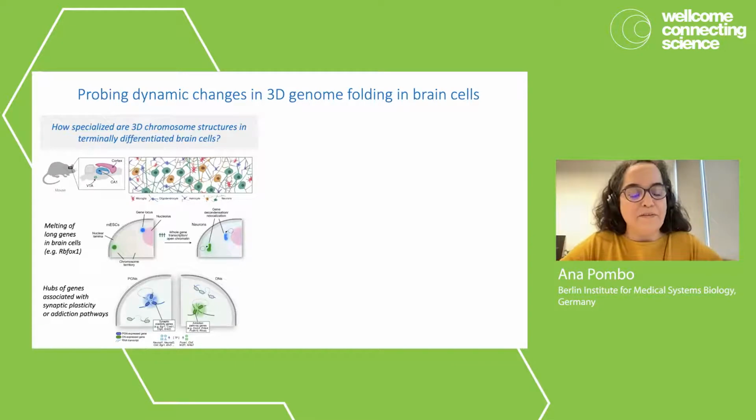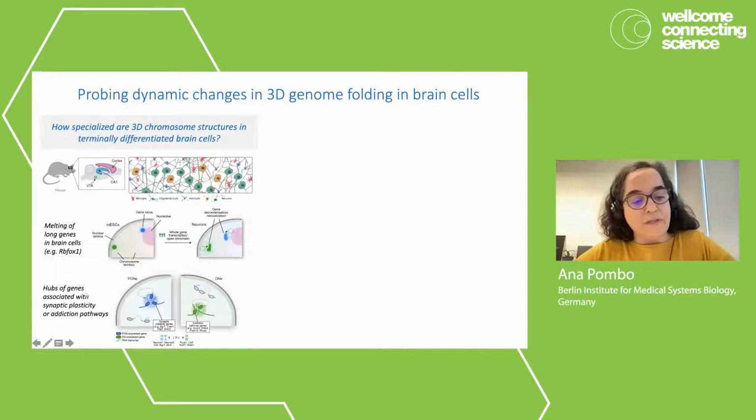Through the talk today, I will show two discoveries that we have made with the work we've been doing, comparing different brain cell types. One of them is the discovery that long genes extensively decondense in brain cells, in particular in neurons, where this decondensation is proportional or highly correlated with the gene activation or chromatin accessibility.